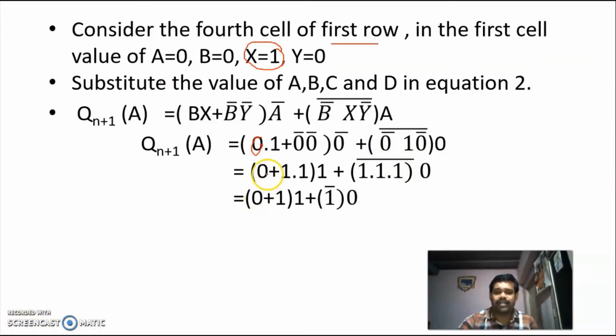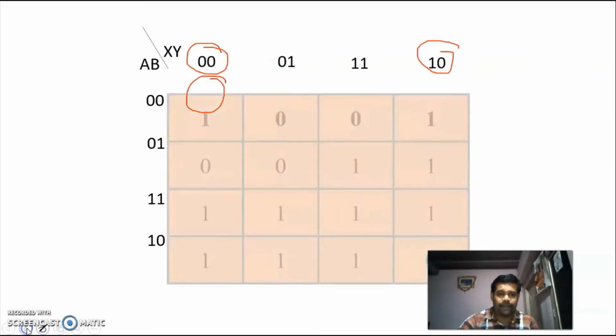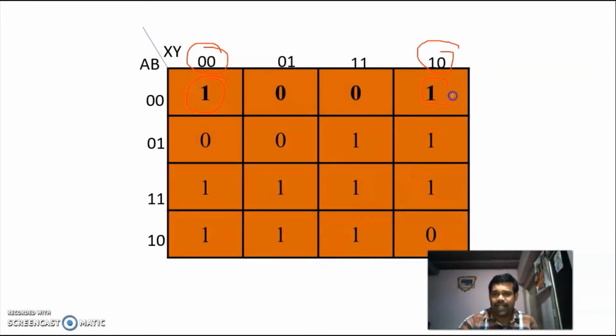So here 0 plus 1, again 1 bar is 0 into 0. So finally we'll be getting 1 plus 0, 1. So the fourth cell of first row, here also you are getting 1. Similarly, for each cell, you have to take the values and substitute in the equation 2 and find the next state map of A.